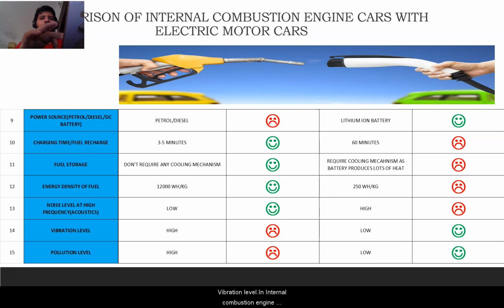Vibration level. In an internal combustion engine, reciprocating motion is converted to rotational motion, and this results in problems like mechanical balancing, which results in higher vibration, and for that counterweights are needed for dynamic balancing, and that results in a heavy setup with increased cost.